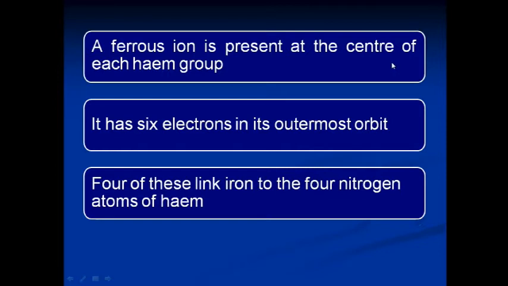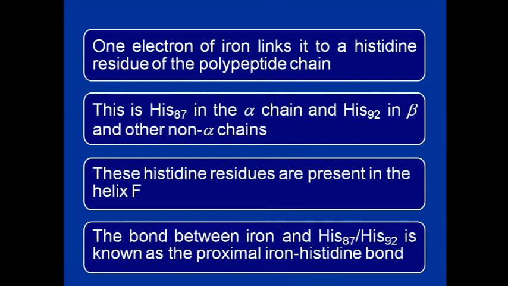At the center of each heme group, iron has 6 electrons in its outermost orbit. 4 of these link iron to the 4 nitrogen atoms of heme. One electron of iron links to a histidine residue of the polypeptide chain.